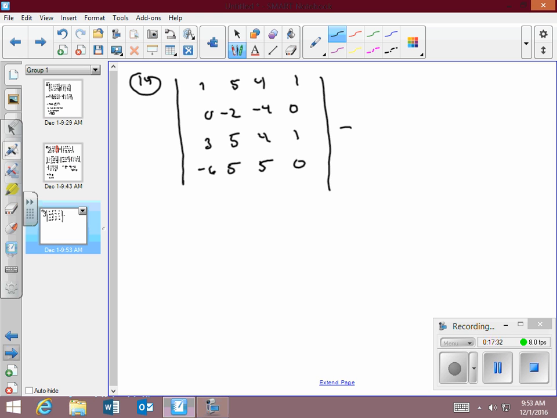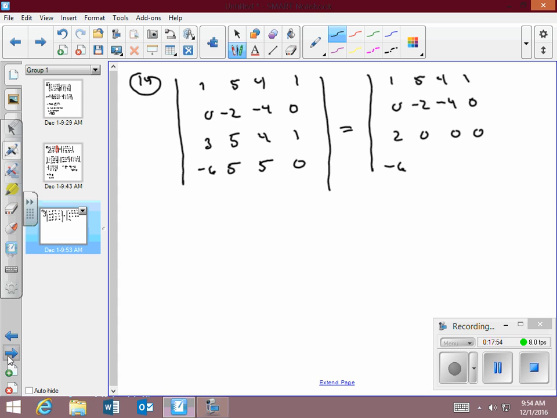And so he just took the first row and subtracted it from the third. 1, 5, 4, 1, 0, negative 2, 0. So that's a 2, 0, 0, right? 0.